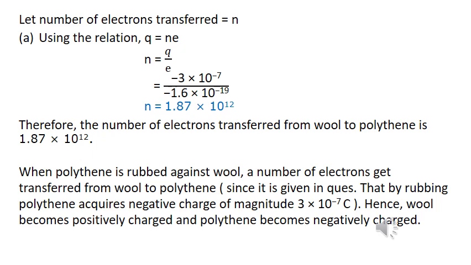I have said that the electrons transferred from wool to polythene, because it is given in the question that by rubbing polythene with the wool, the polythene acquires a negative charge of amount Q. So the electrons transferred from wool to polythene, hence polythene has acquired negative charge and wool will acquire positive charge.